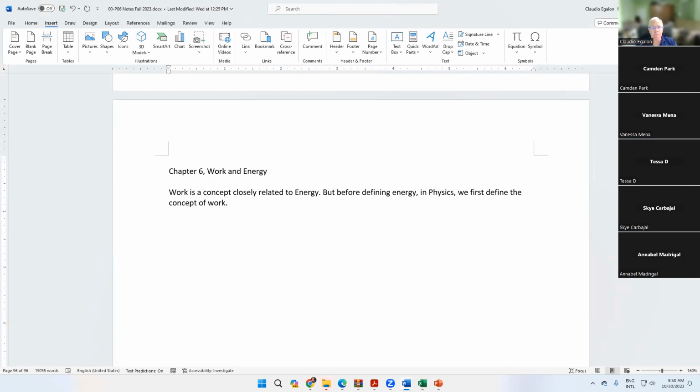Okay? Work is a concept that depends on a force applied to an object and the object's displacement, okay? It's a mathematical definition. Keep in mind, the best way of defining work is a mathematical definition.